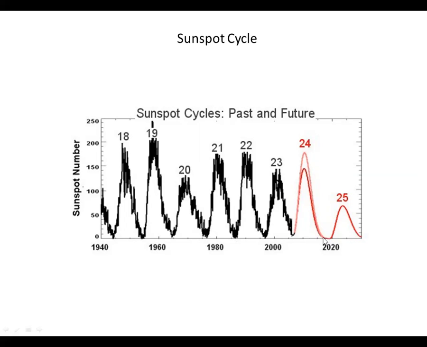Where we are right now, or actually where we were when I became a ham in 2017, we were in the depths of the trough of the sunspot cycle. So all the propagation was pretty poor. Now we're at the start of cycle 25, somewhere in here probably, and sunspot activity is picking up, other solar activities picking up, and it's having more and more of an impact on propagation.